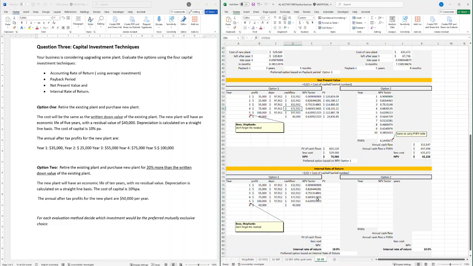The key part is that for the last year, because we sold at the 6 years, we'll use the same factors here. So these two factors will be the same, just so you know.